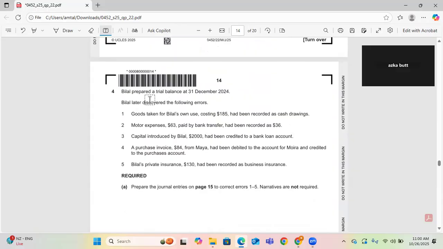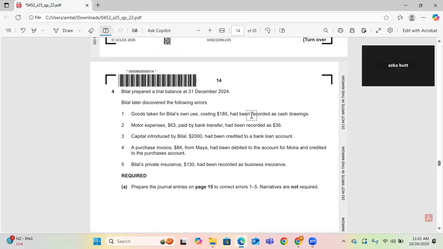Question number 4. Bilal prepared a trial balance at 31st December 2024. Bilal later discovered the following errors. First of all, goods taken for Bilal's own use, costing 185, had been recorded as a cash drawing. So basically, we deducted the cash mistakenly.